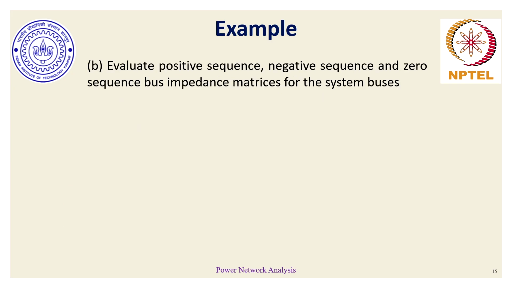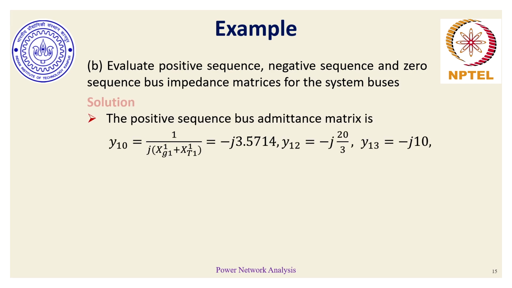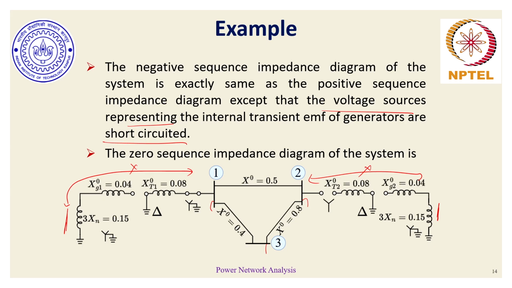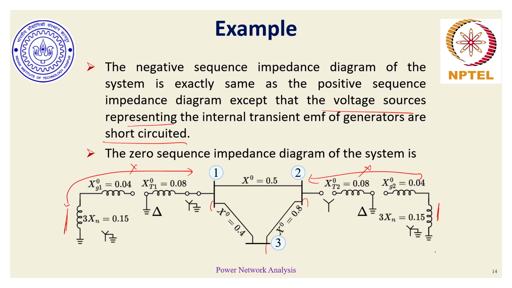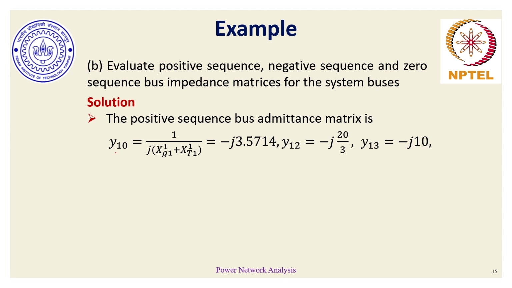The next bit is to find the positive, negative and zero sequence impedance matrices for the system buses. For the positive sequence admittance matrix, depending on the circuit that we have understood here, we will evaluate the machine's internal reactances and leakage reactance to find Y10.